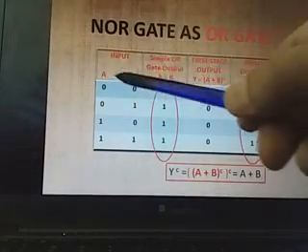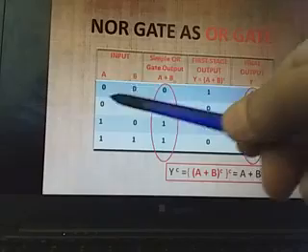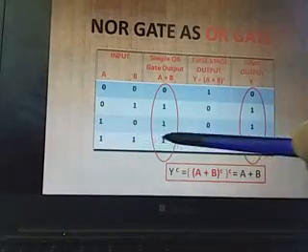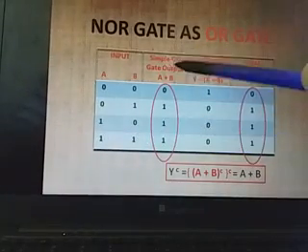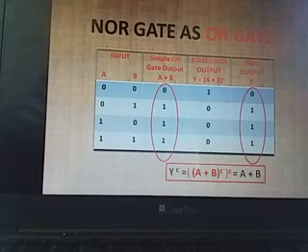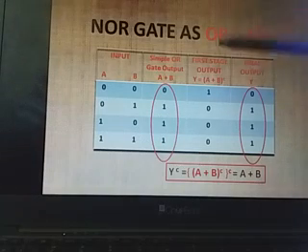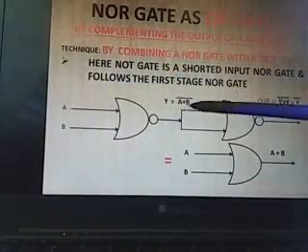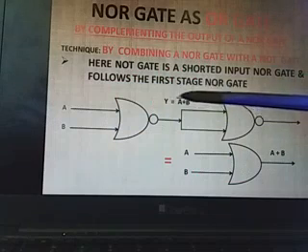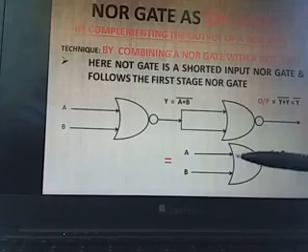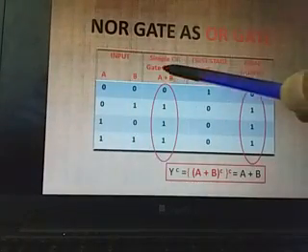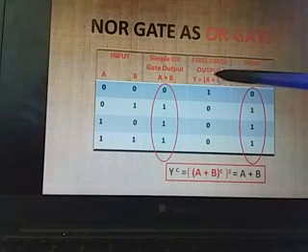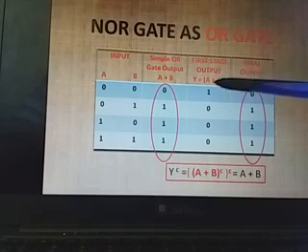For 0 0 it will be 0, 0 plus 1 will be 1, 1 plus 0 will be 1, and 1 plus 1 will be 1. It is the simple OR gate output. OR gate, remember. Now what about the first stage output? First stage output, I mean to say this one, complement of A plus B.